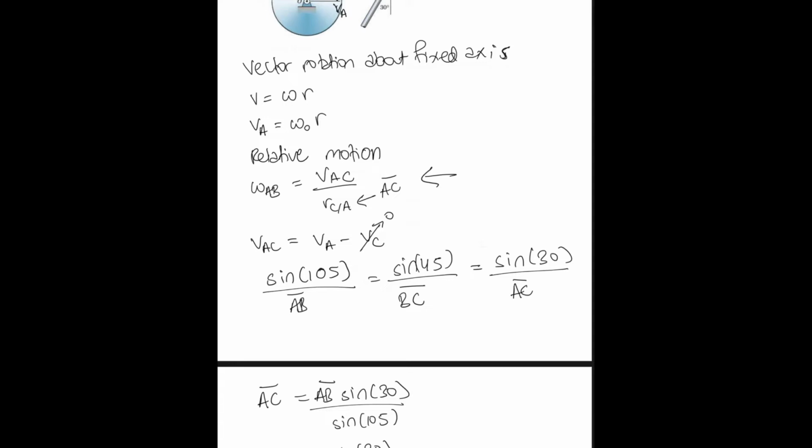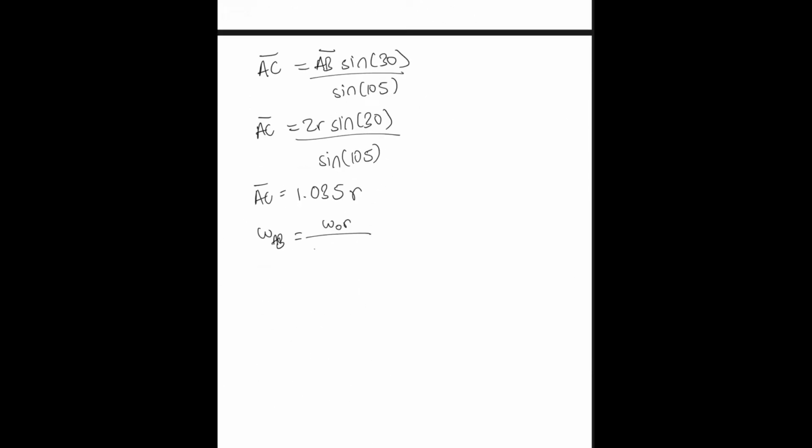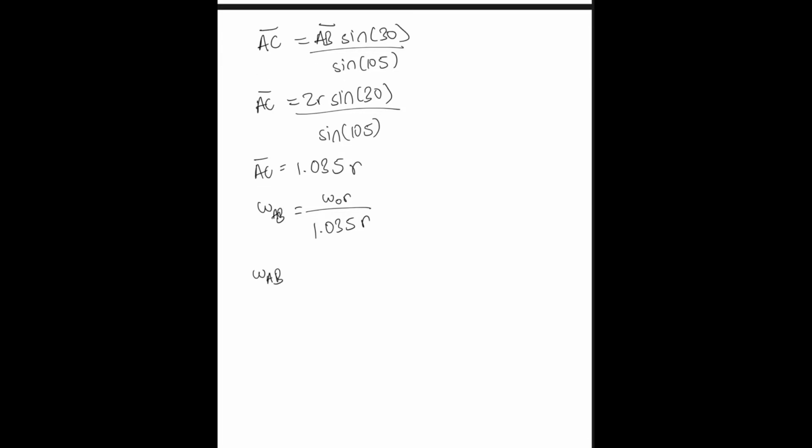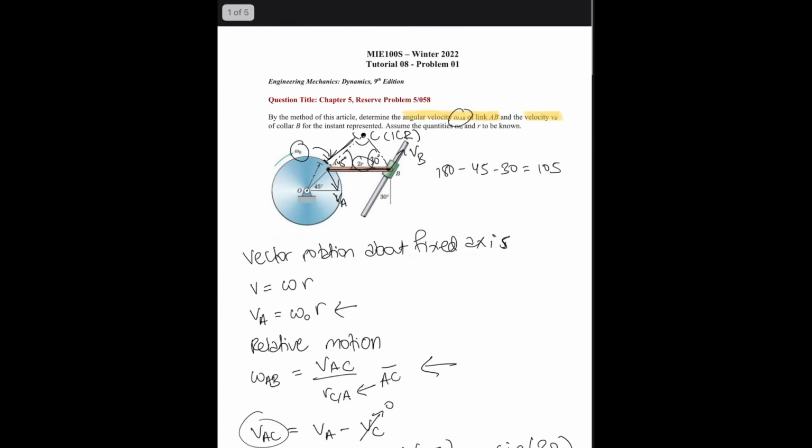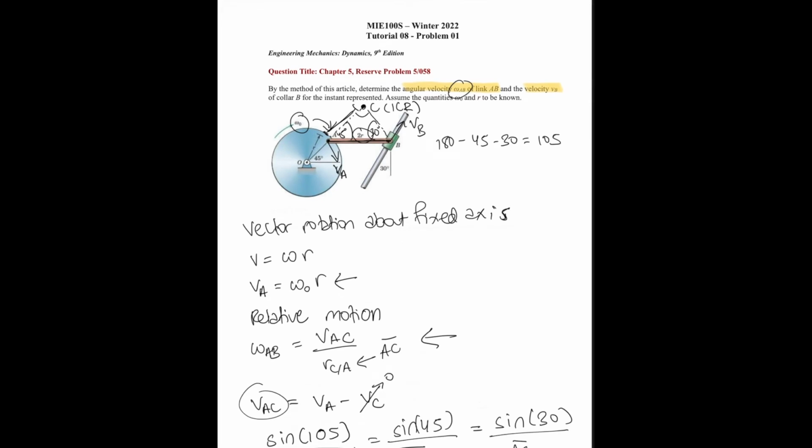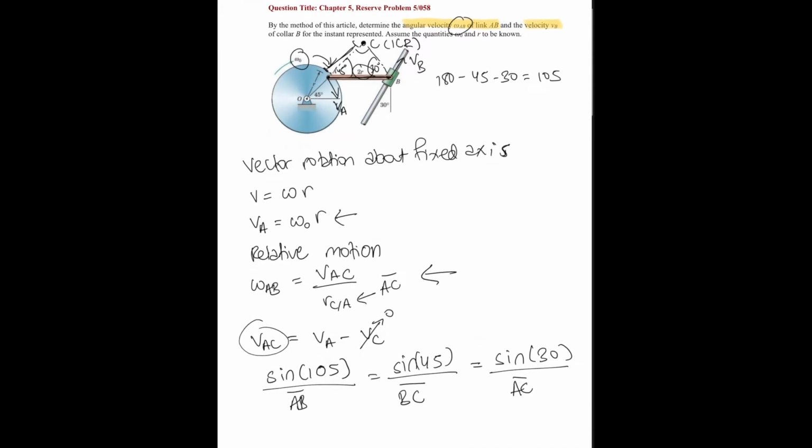Remember, VAC is just equal to VA because VC is 0. So we're going to plug in this equation over here, over 1.035 r. That's going to give us an angular velocity of the link AB equal to 0.966 omega naught in the positive direction. Sorry, no, in the negative direction.